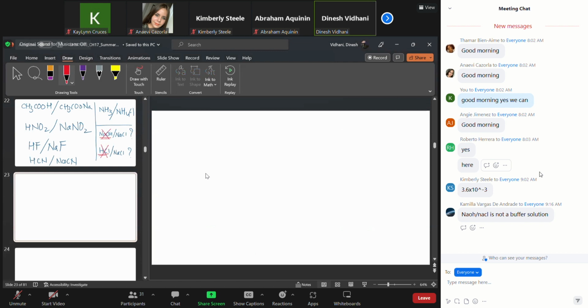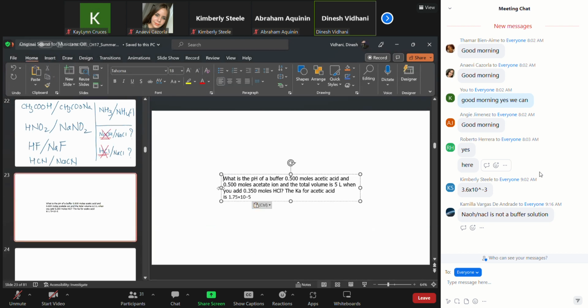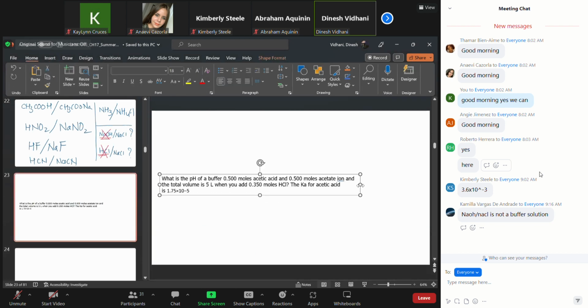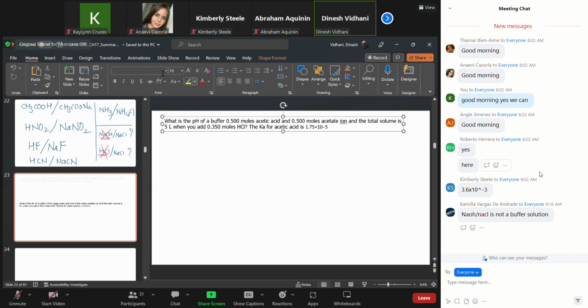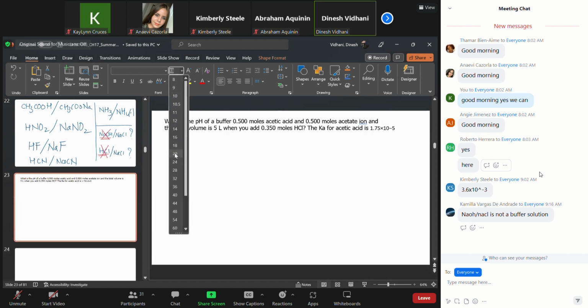Let's solve one problem. Since, as I said, if you have a buffer solution, the pH is not going to change when you add external acid. Let's verify.